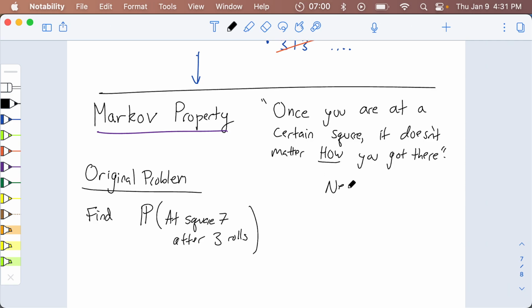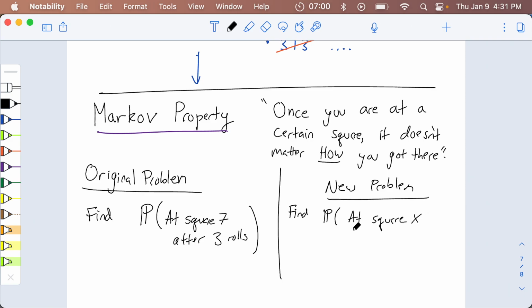I'm going to make a new problem, and the new problem looks way harder. You're going to think I'm totally nuts for making it, but you'll see why. The new problem is: find the probability you are at square x after t rolls, for every x and t.